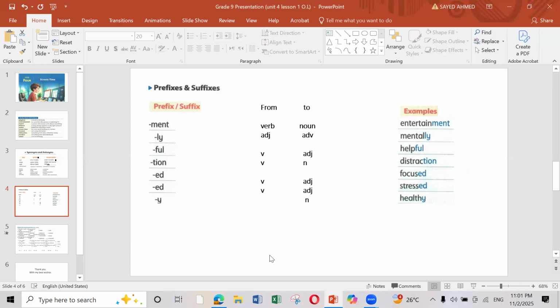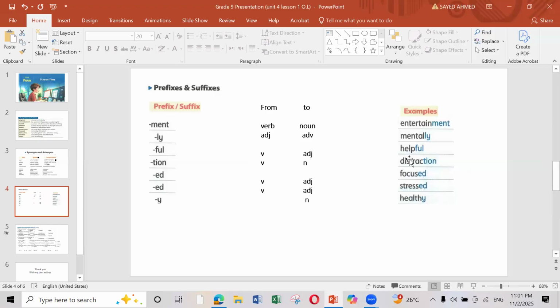In the first word, entertain, when you look at the slide here, you can find the word entertain. We added ment to change it from a verb into a noun. And then in the second word, mental, we added ly to change it from adjective to adverb.